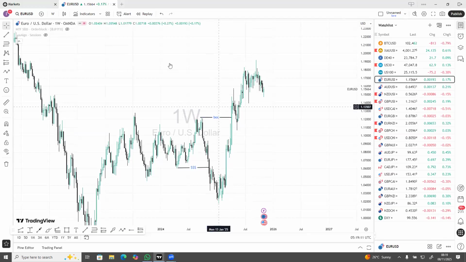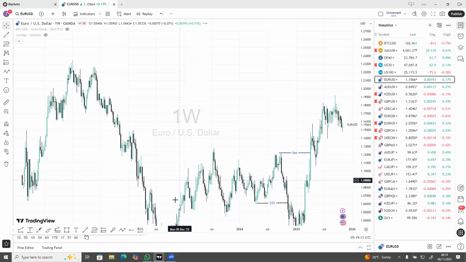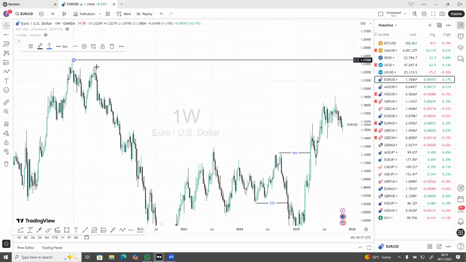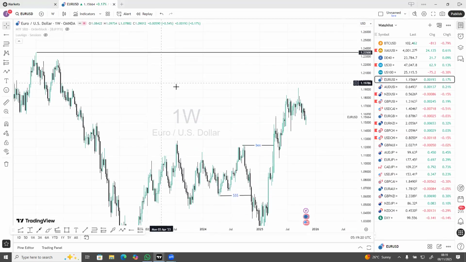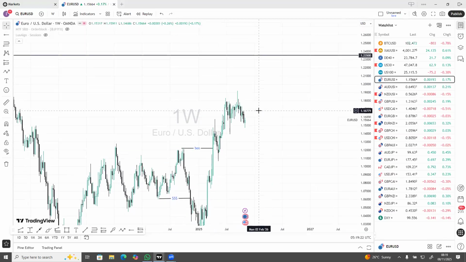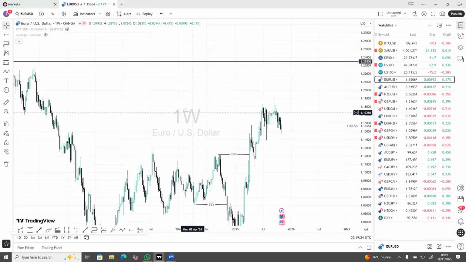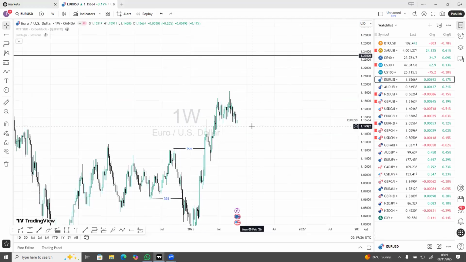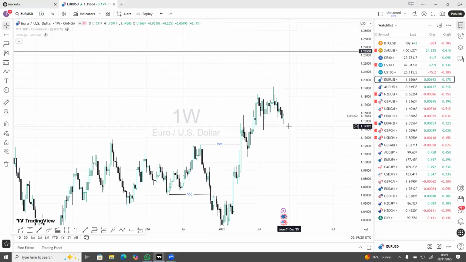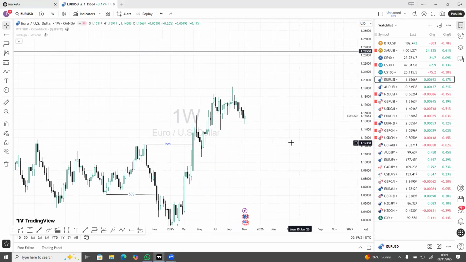So that means what? Continuation of the upward trend until it reaches that drawn liquidity level, which you can see on the weekly time frame. So that is a general view of the market structure on the weekly time frame.